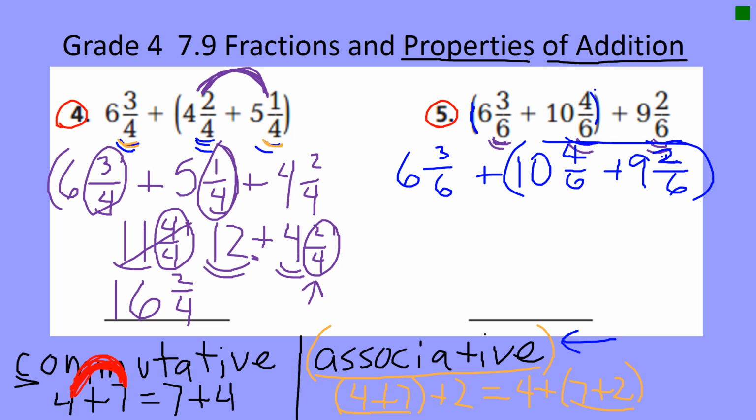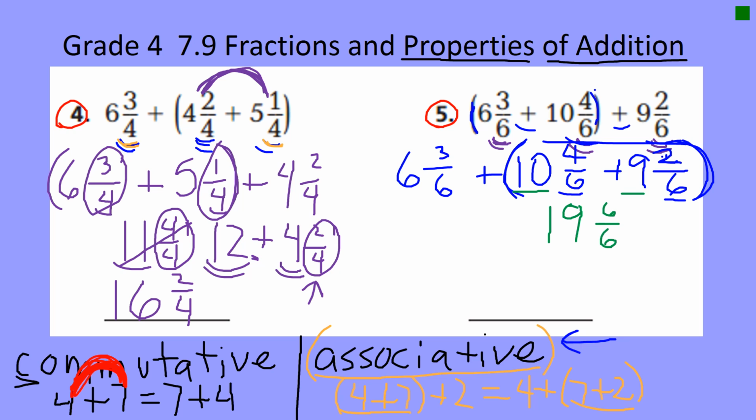So as you guys know, we have to add what's in the parentheses first. And we moved the parentheses because we can do that because we're only adding, associative property, right? Okay, so let's add 4/6 plus 2/6 first. And of course, we get 6/6. Now let's look at our whole numbers. 10 plus 9 is 19. So we end up with 19 6/6.